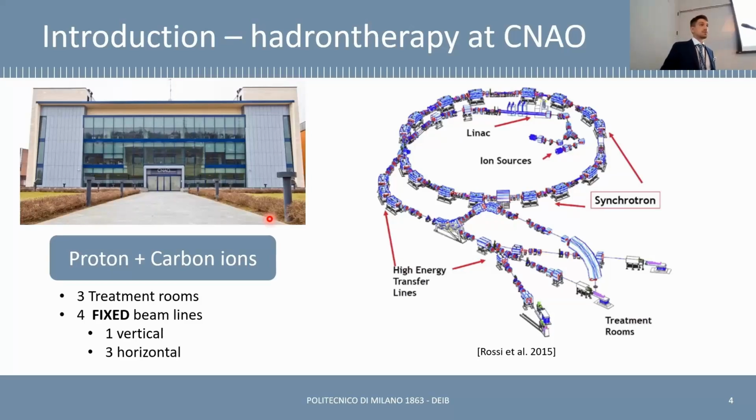CNAO possesses a synchrotron, which has 4 fixed beam lines, 1 vertical, 3 horizontal, connected to 3 different treatment rooms. Keep in mind that this means there's no rotating gantry at CNAO. When the central room, the one with the vertical line here, was commissioned, a decision on the adoption of an in-room verification system was to be taken.